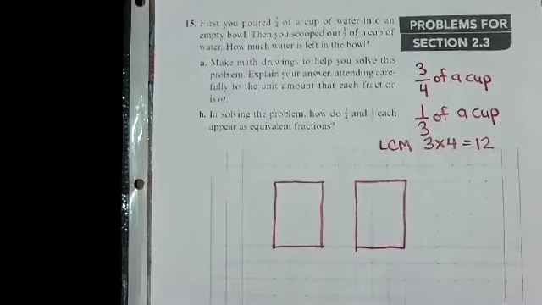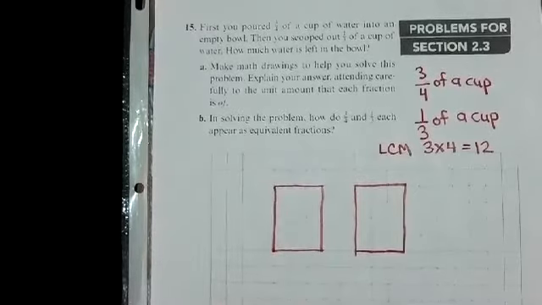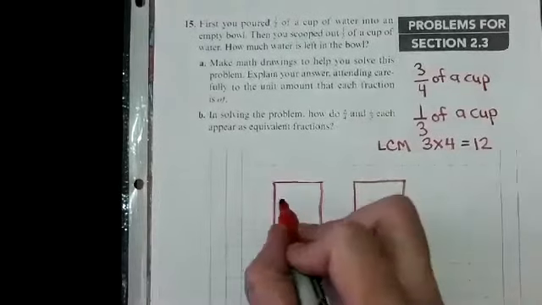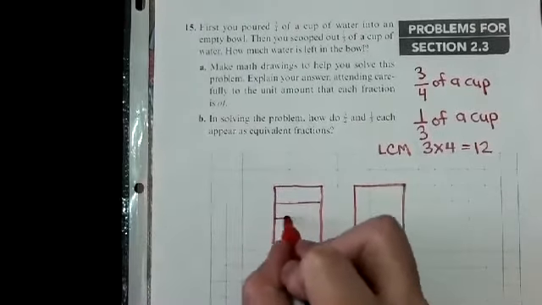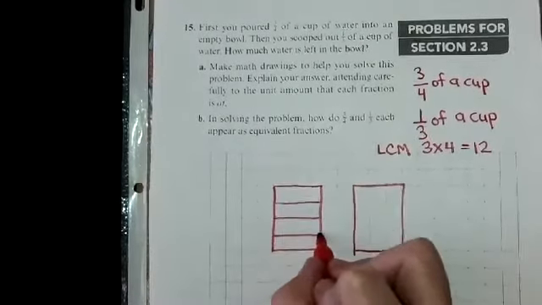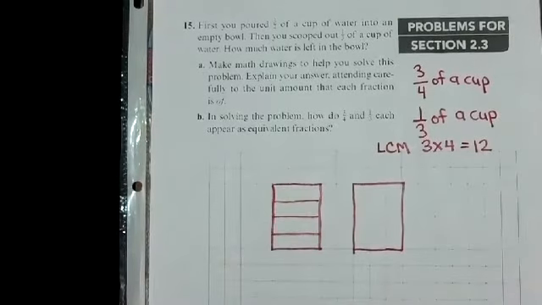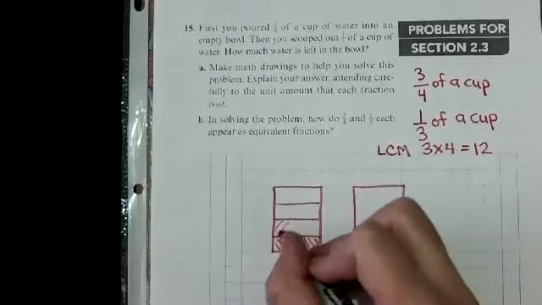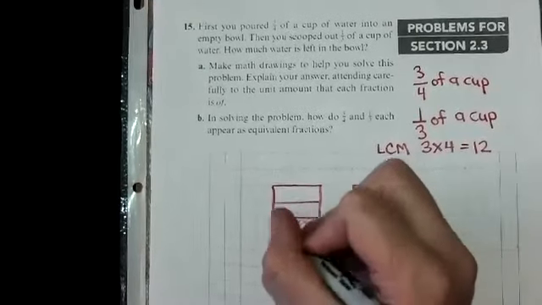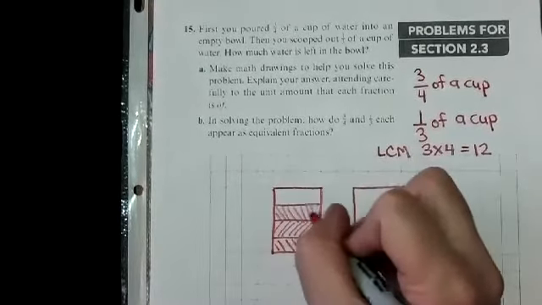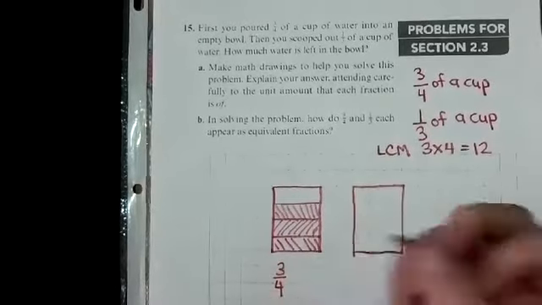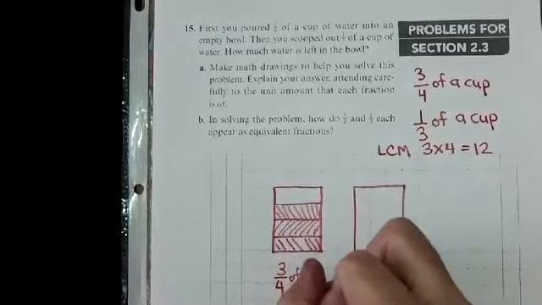So we're going to start with the same sized whole, and to see the 3/4, we'll first cut our whole cup into fourths, and then we'll shade 3 of those so that we have the quantity 3/4 of a cup.